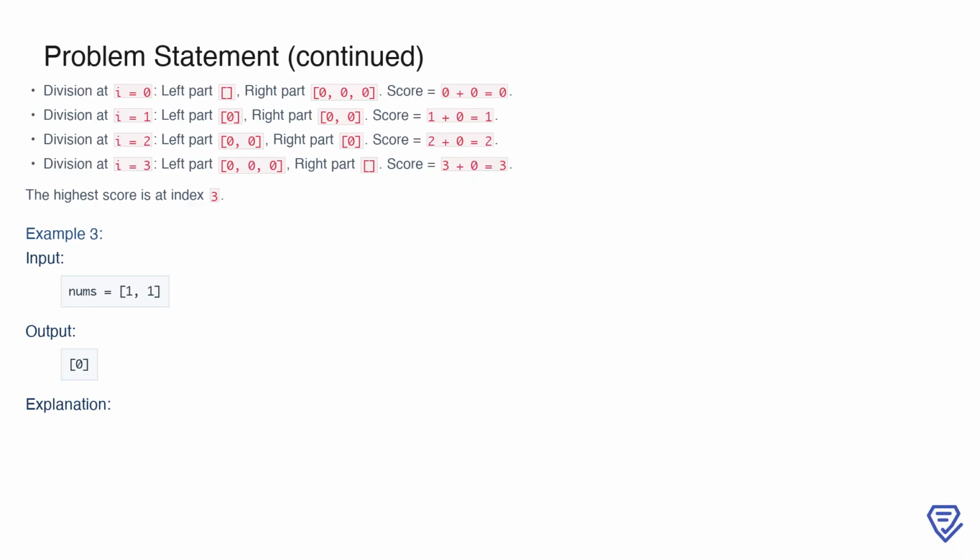At i equals 2, the left part is 0, 0, with 2 zeros, and the right part is 0, with no ones, resulting in a score of 2 plus 0 equals 2. Finally, at i equals 3, the left part is 0, 0, 0, with 3 zeros, and the right part is empty, giving a score of 3 plus 0 equals 3. The highest score is 3, which occurs only at index 3, so the output is 3.